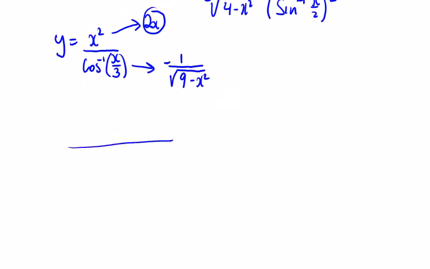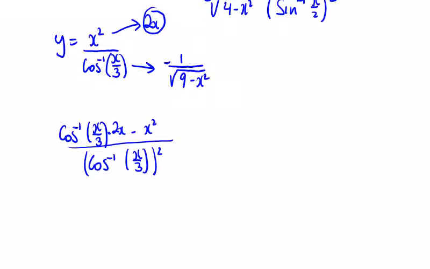On the bottom, we're going to have the bottom squared, the inverse cos of x over 3, the whole thing to be squared. On top, we have the bottom, the inverse cos of x over 3 by the top differentiated, which is 2x, minus the top, which is x squared, by the bottom differentiated, which is 1 over the square root of 9 minus x squared.